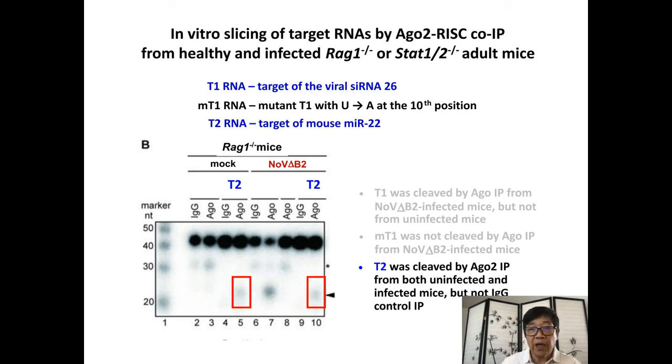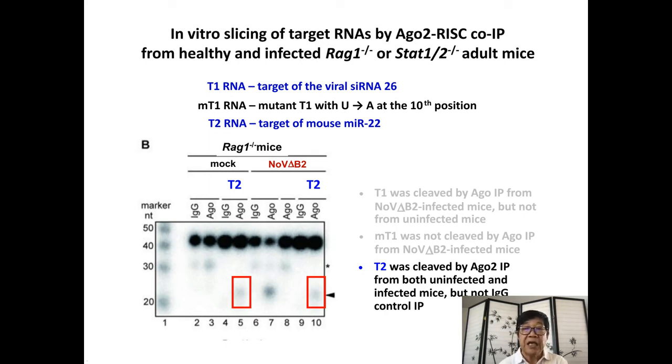Subsequently, we also compared the cleavage of T2 target RNA. So this is the one that is targeted by microRNA. And you can see, marked by the red boxes, Argonaute complexes prepared from either mock inoculated mice or delta B2 infected mice show very similar, efficient cleavage.